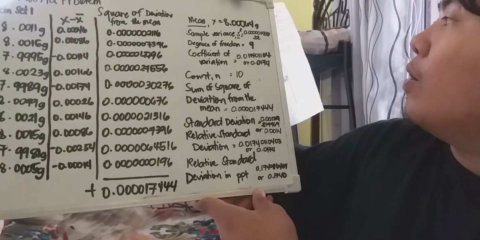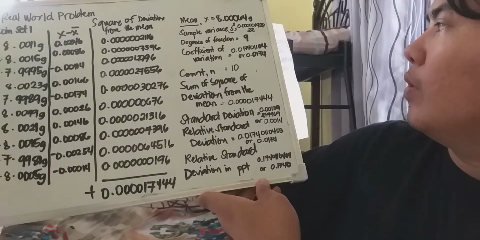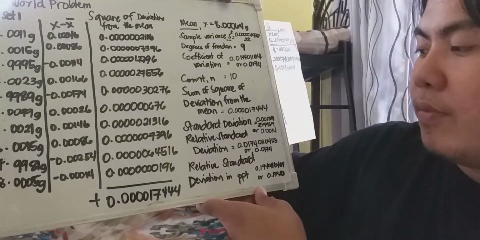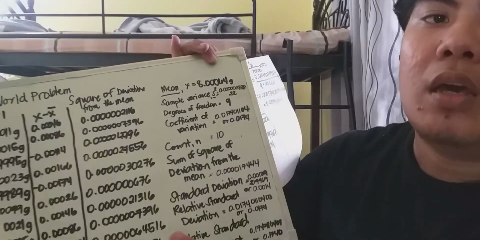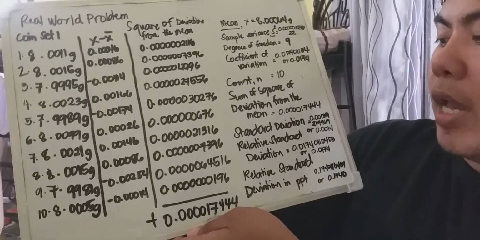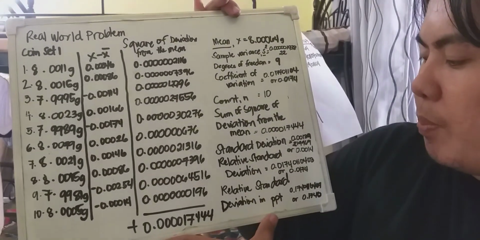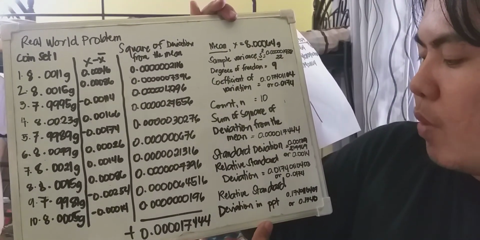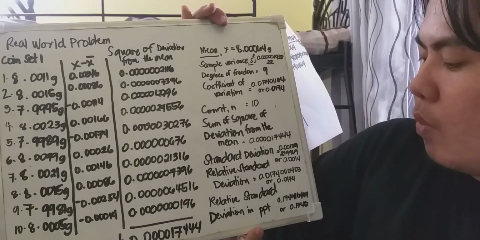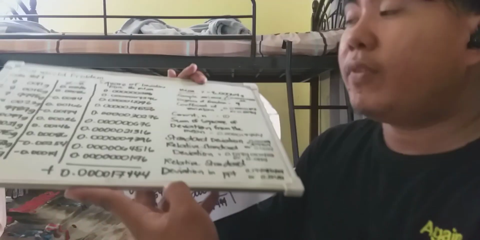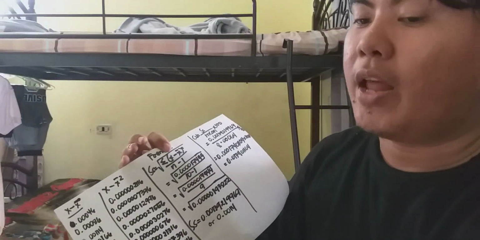Now, we will get the relative standard deviation, or as we call it, the CV over 1. Our CV over 1 here is 0.0174011, 0403, or 0.0174. To solve this, everyone, we need this formula.